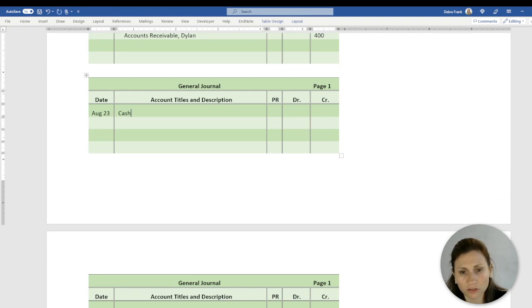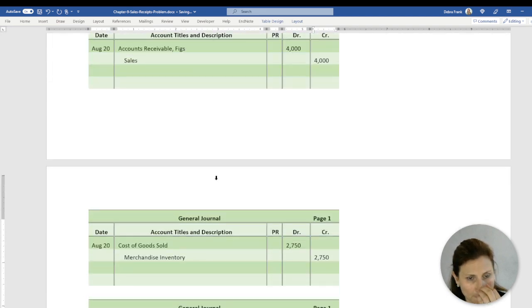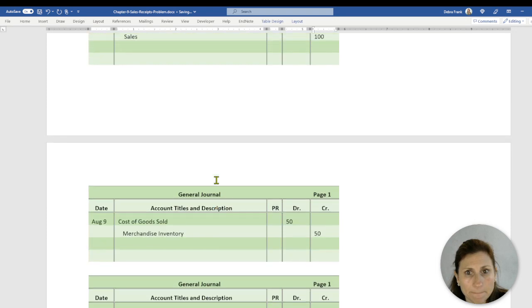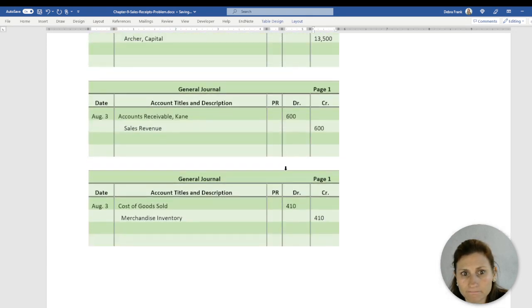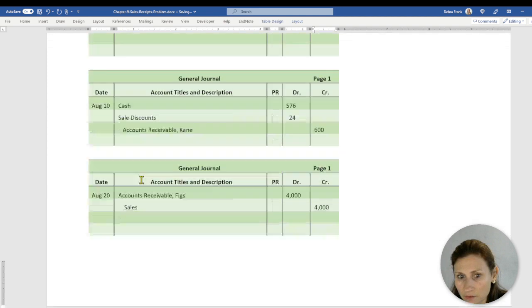We just have cash, and that was for $3,000. And sales, I forgot the cost. Give me trouble there. Okay. 1,950. Okay. Get back down here.